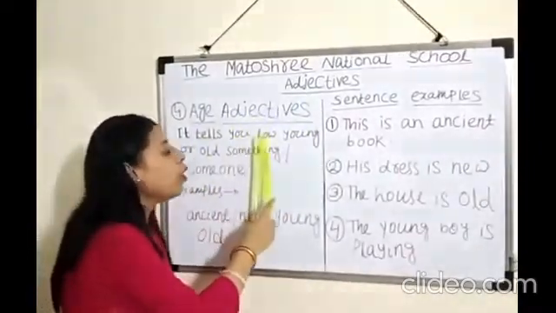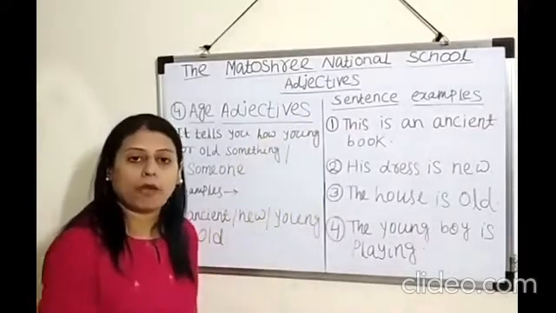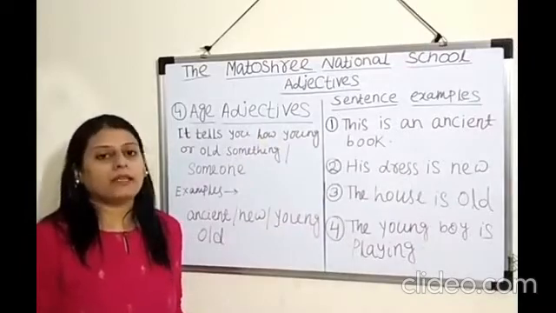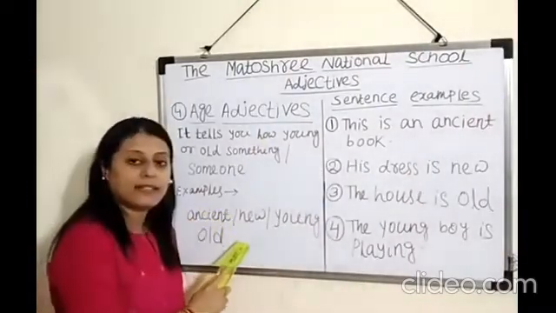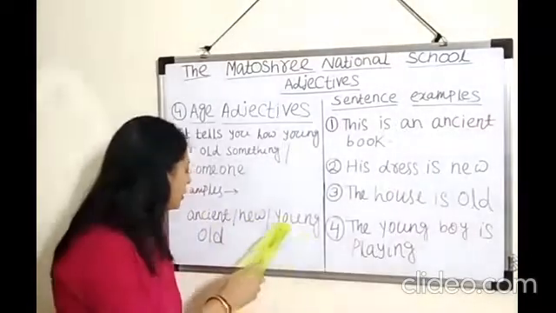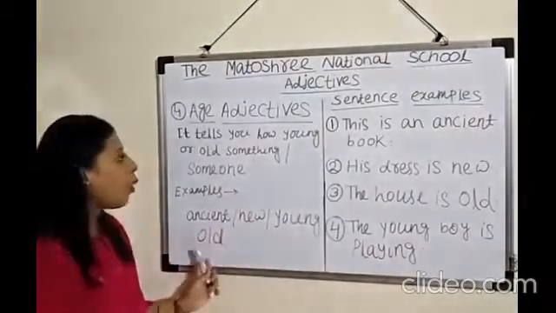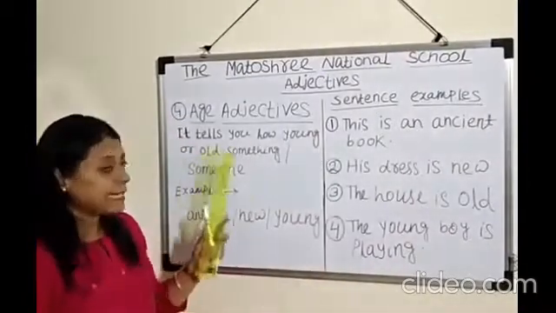It tells you how young or old something or someone is. It shows the age of something or someone. Examples are ancient, new, young, old. So let's see some sentence examples of age adjectives.